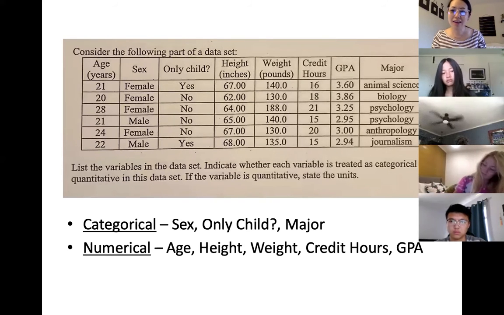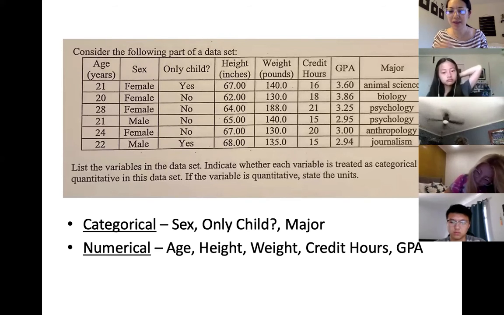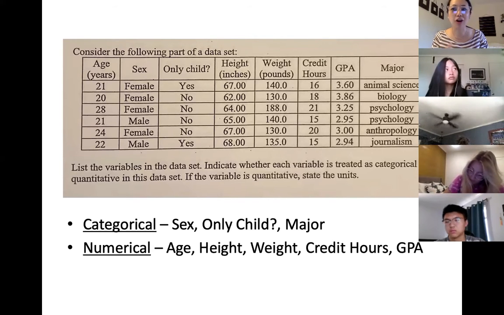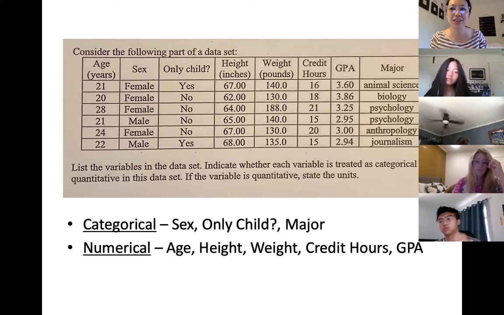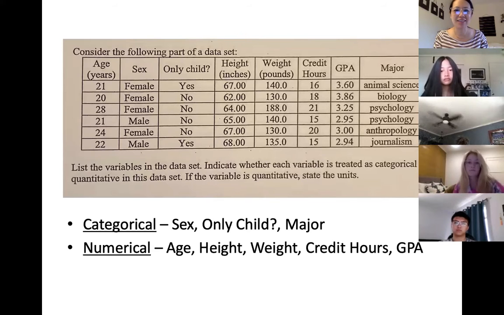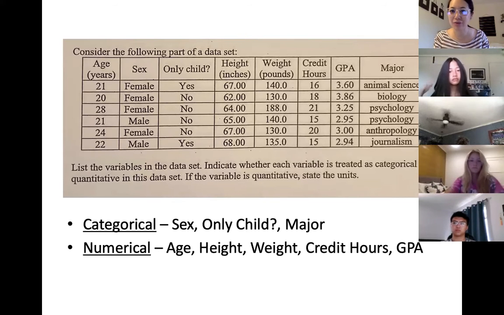So instead of determining if it's categorical versus numerical by whether it is a number or not, I think the best and easiest way to determine is that if it's numerical, there are units, right? There are units of measurement, like age had 21 years, height, inches, weight, pounds.